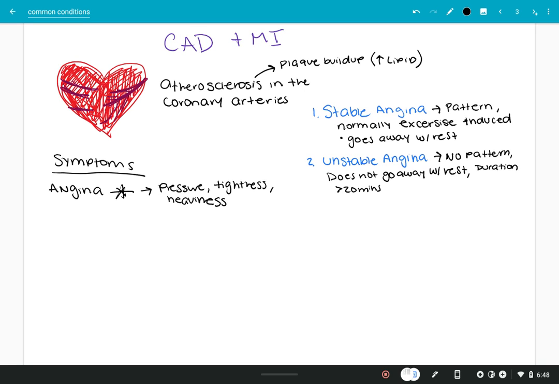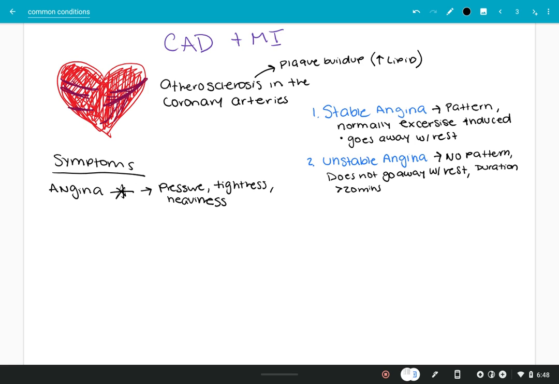That's really the big one: if that pain lasts for more than 20 minutes, they've got unstable angina. And these people have to be evaluated further, especially if this is a new thing. They should really come into the doctor. They should get an EKG done. They should get labs drawn. A lot of times they'll get outpatient catheterizations, just so that they can visualize the coronary arteries and make sure that those occlusions aren't something that they need to deal with.